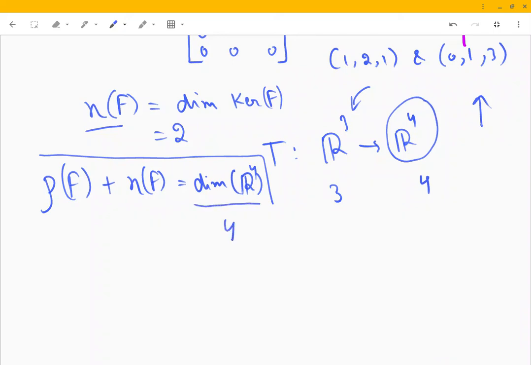Dimension of the domain is 4. This represents the two vectors in this particular example that were mapping to 0, and the remaining 2 vectors formed images in our codomain. This formed the range space, and this is the null space.